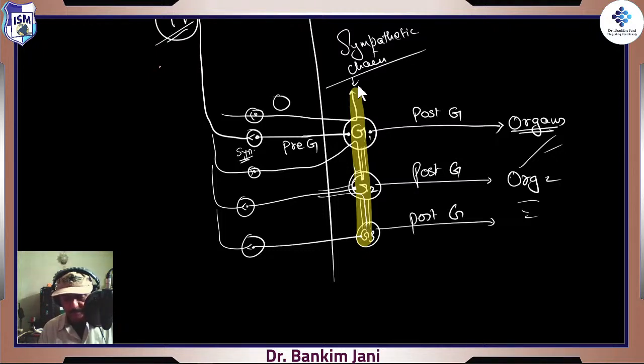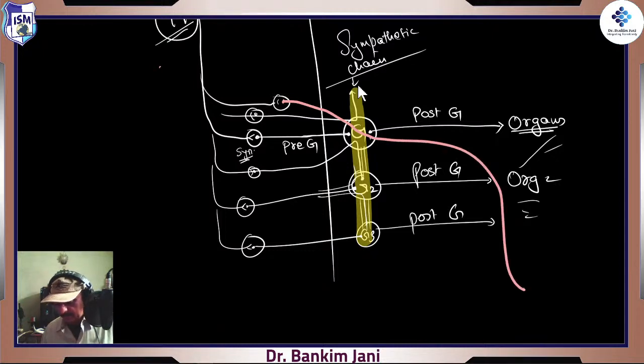These special fibers, when they come, they're preganglionic. They do come over here, but they don't terminate over here. They bypass. And they reach a new location. And that's where they will form a new ganglia.